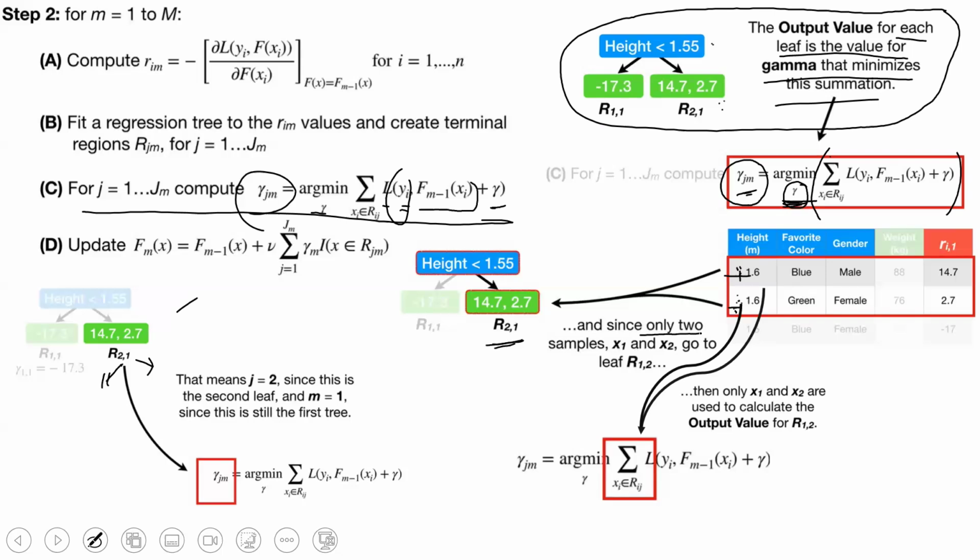Since only two samples, x1 and x2, go to this particular leaf, to calculate this gamma of jm we only consider these two records. So xi belongs to R i,j. Only these two records are ending up in this particular leaf, so only x1 and x2 are used to calculate the output for R12.